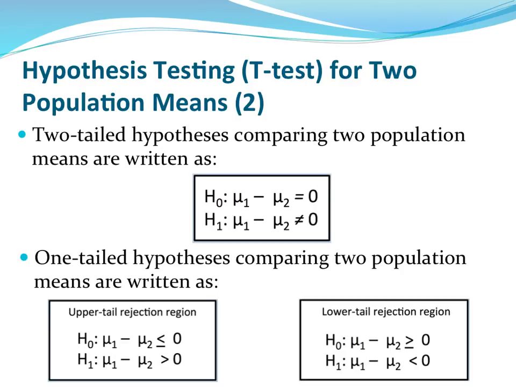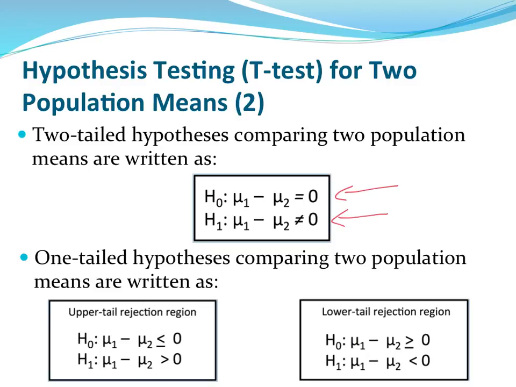Just as with one-sample tests, we can do both two-tailed and one-tailed independent samples t-tests. The null hypothesis in a two-tailed two independent samples t-test is mu1 minus mu2 equals 0, and the alternative is the opposite, mu1 minus mu2 does not equal 0.